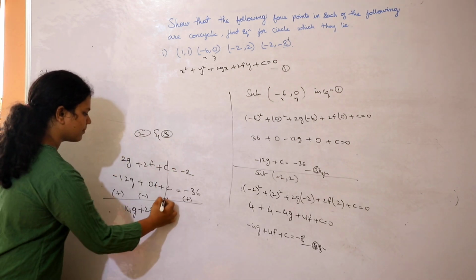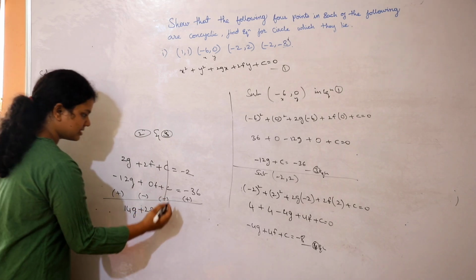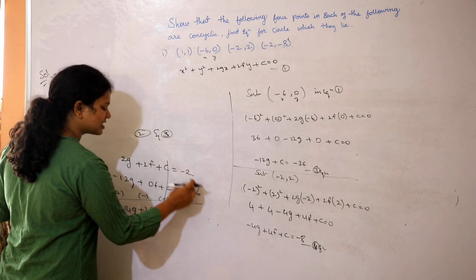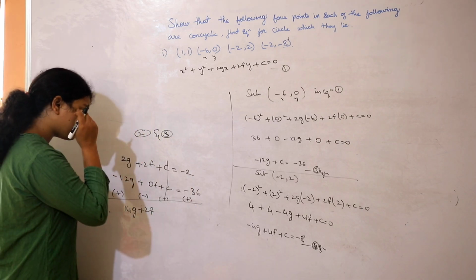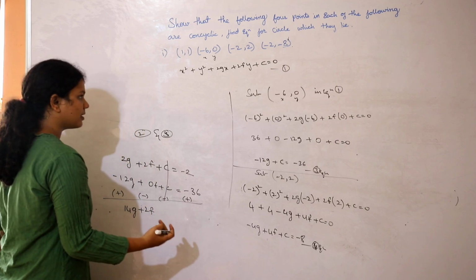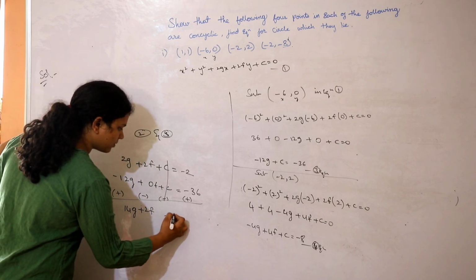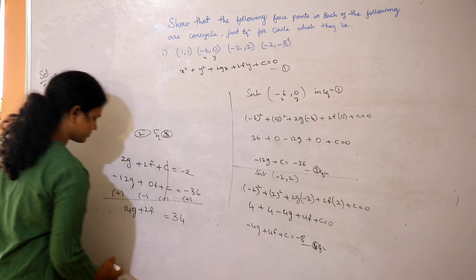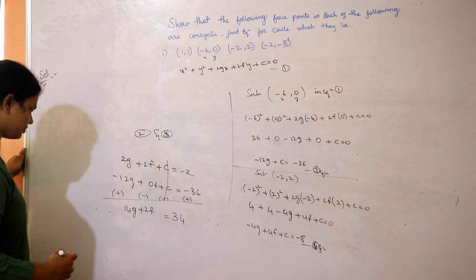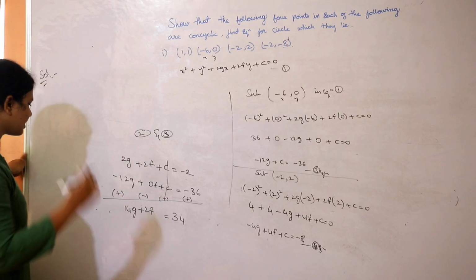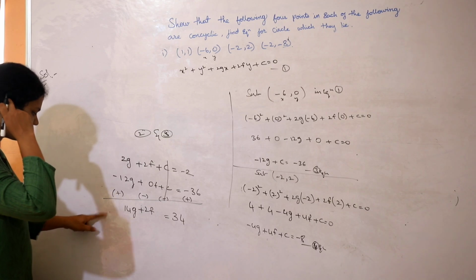Now plus c minus c cancel. And what else here? Minus 36 minus 2, so plus 36 minus 2, 36 minus 2 is 34. So this gives us 34, clear? 14 to 34. Can we simplify this? Right, we can simplify this.